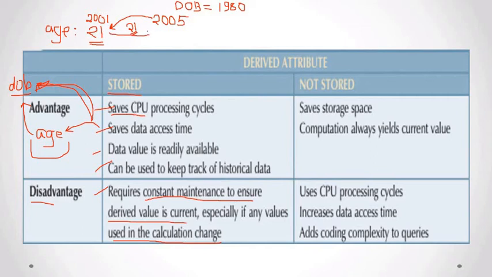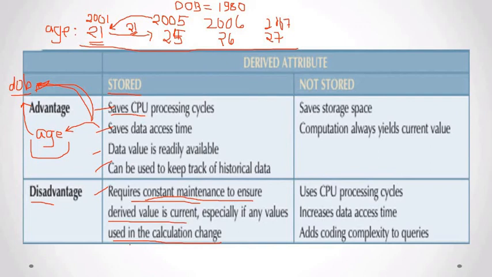So in 2005, you have to recalculate so that it will become 25. And then in 2006, you have to recalculate so that it will reflect 26. And then 2007, you have to recalculate to reflect 27. So you really have to do this every year. So that's what we mean by it will require constant maintenance to ensure that the value is current.